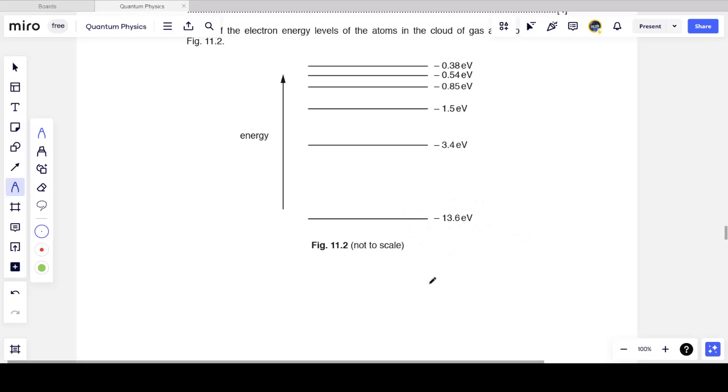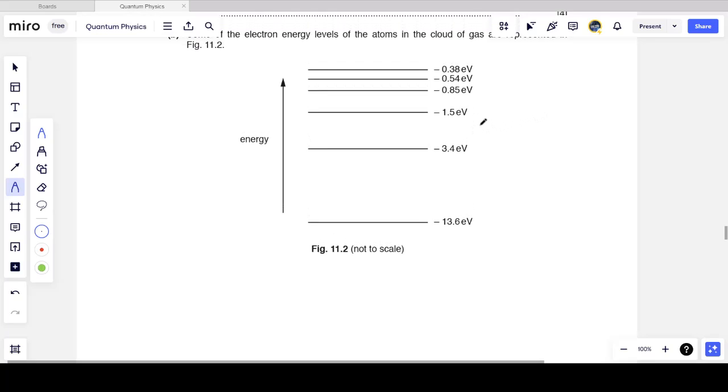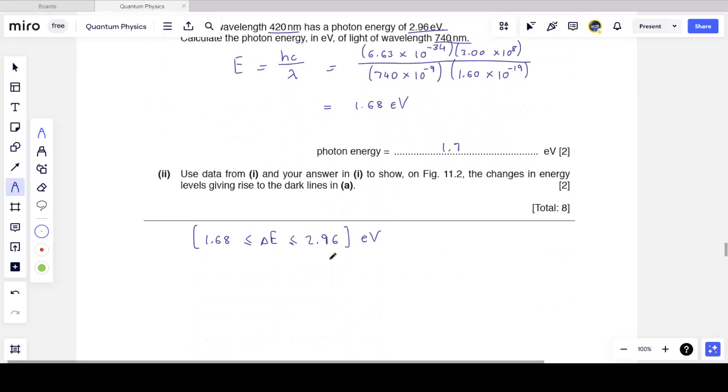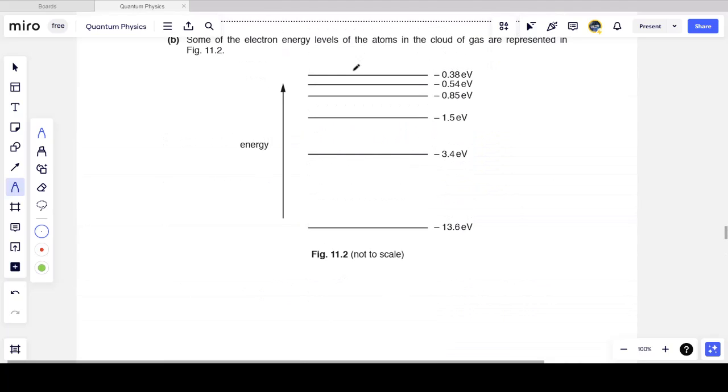But what I can see is that if I take 3.4 and I subtract 0.54, what I do get is a jump that's still less than 2.96. So it turns out that the first jump will be from 0.54, an electron de-excitation, or you can draw the arrow the other way, it doesn't really matter in this case, to 3.4. And obviously I need smaller energies than that. So I need to then do the next jump.